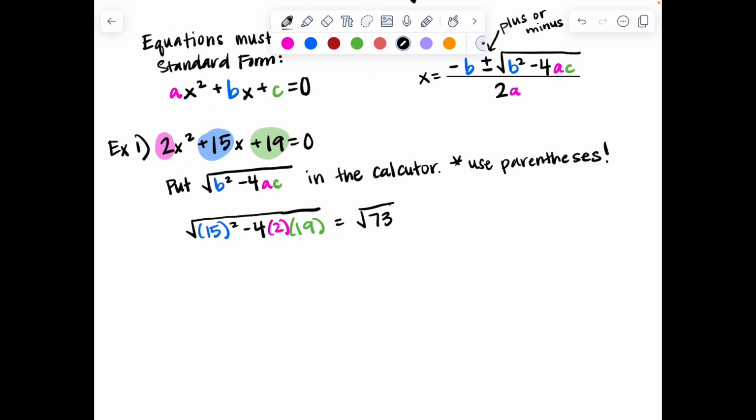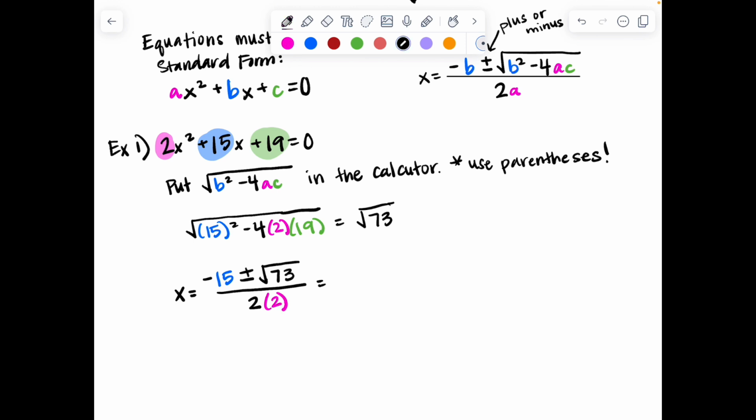So we have x equals the opposite of b, so we have negative 15 plus or minus, now let's put the square root of 73 here, over 2 times 2, because 2 is a.